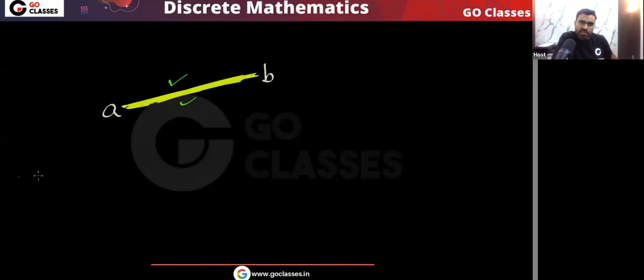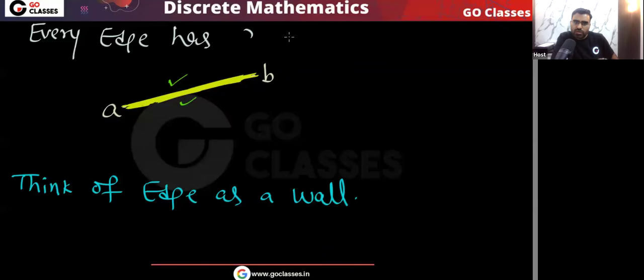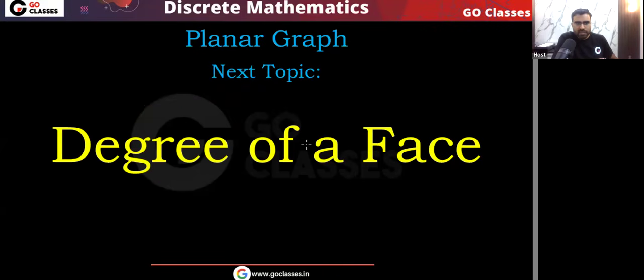So what you do is think of every edge as a wall. So you can easily see that every edge has two sides. Now let's see the concept: degree of a face and the definition.